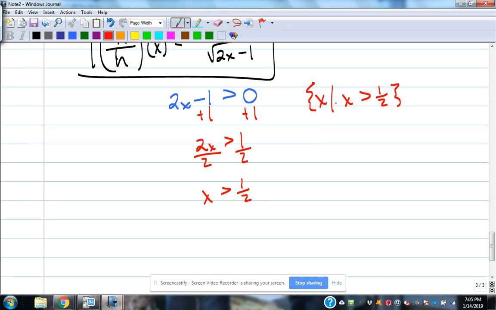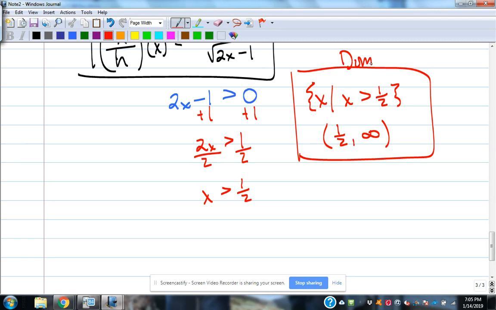Interval notation for this one, instead of a bracket for the 1/2, we're going to have a parenthesis, 1/2 to infinity. Parenthesis instead of a bracket because we can't have this thing equaling 0. It's got to be positive because we can't have a 0 in the denominator. So that's one of those special case scenarios for this.